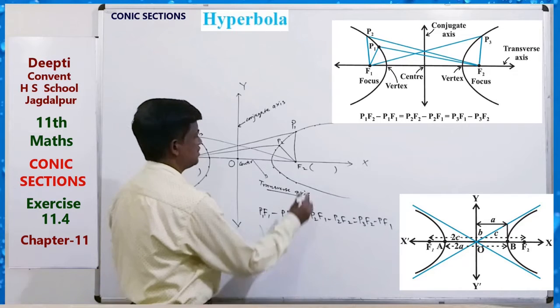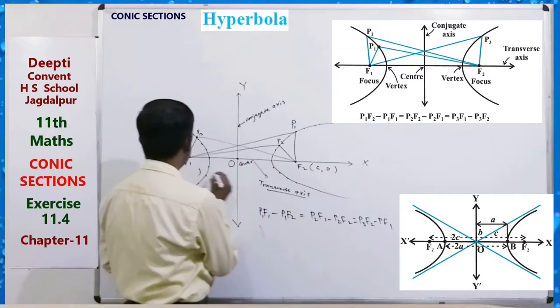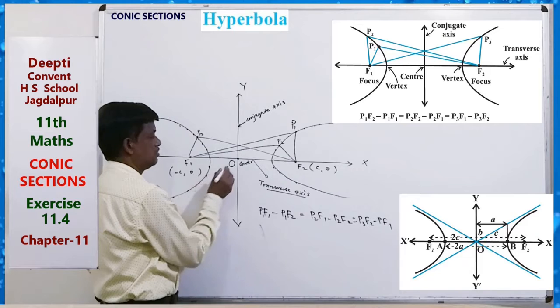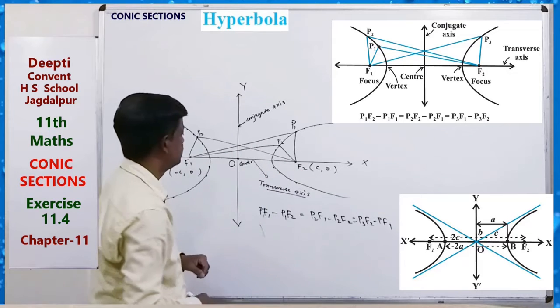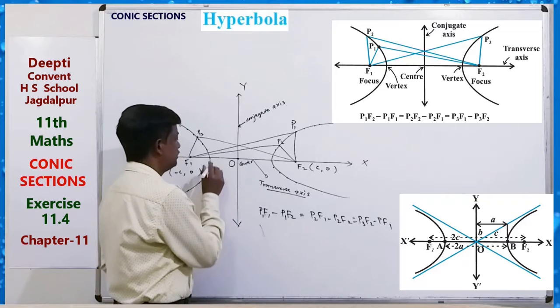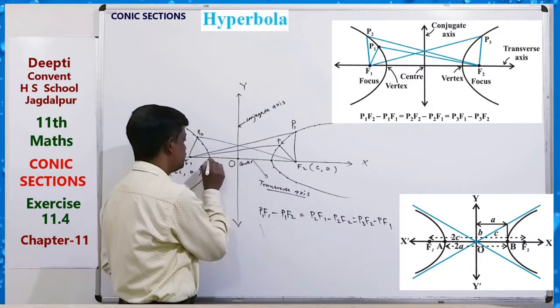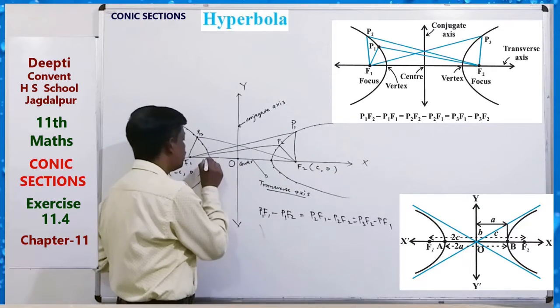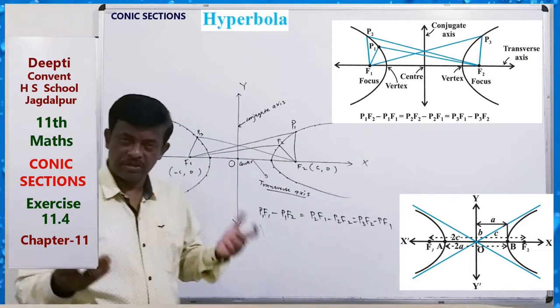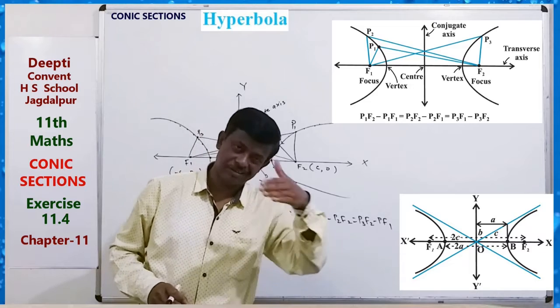Here this is (c, 0), this is (minus c, 0), and the distance between these two is 2c. The vertices are the intersection of the hyperbola with the transverse axis.